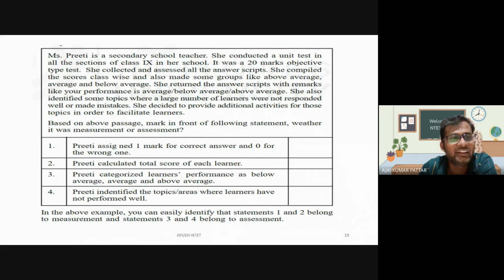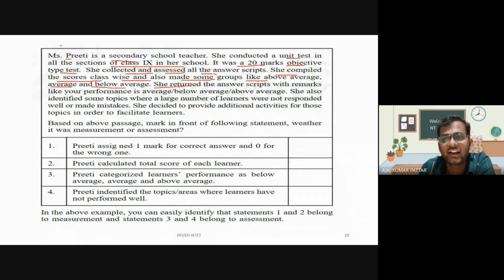Here is the example: Preeti is a secondary school teacher. She conducted a unit test in all the sections of 9th in her school. It was a 20 marks objective type test. She collected and assessed all the answer scripts. She compiled the scores class-wise and also made groups like above average, average, and below average.